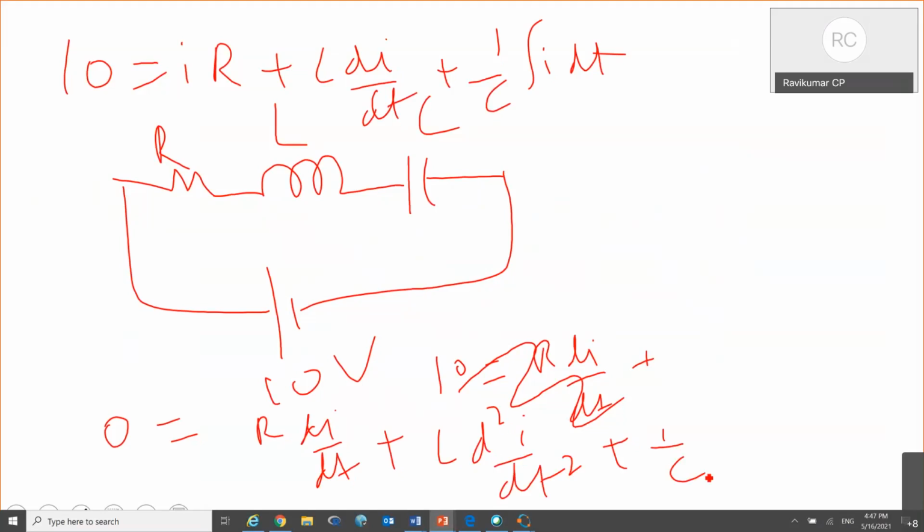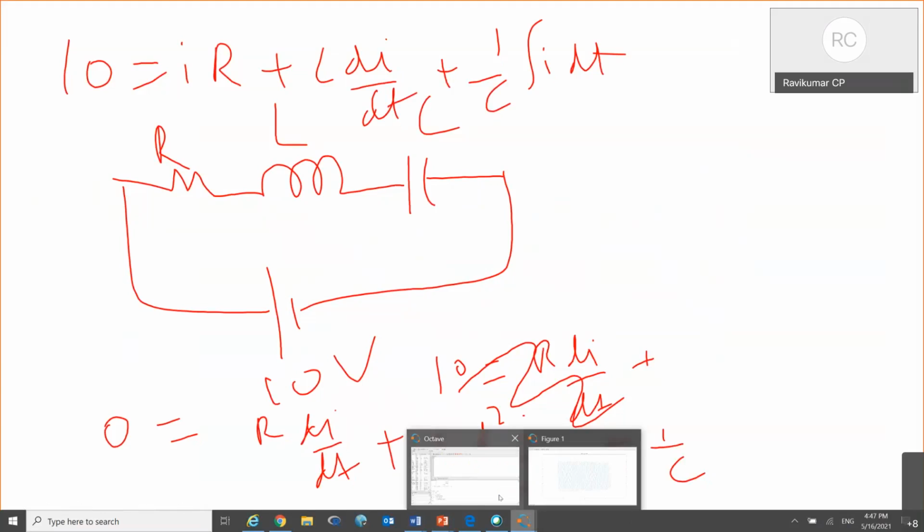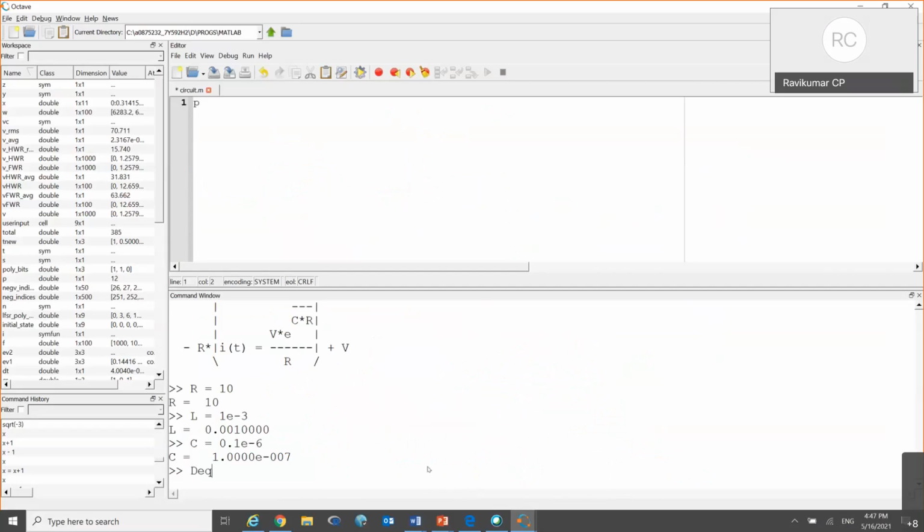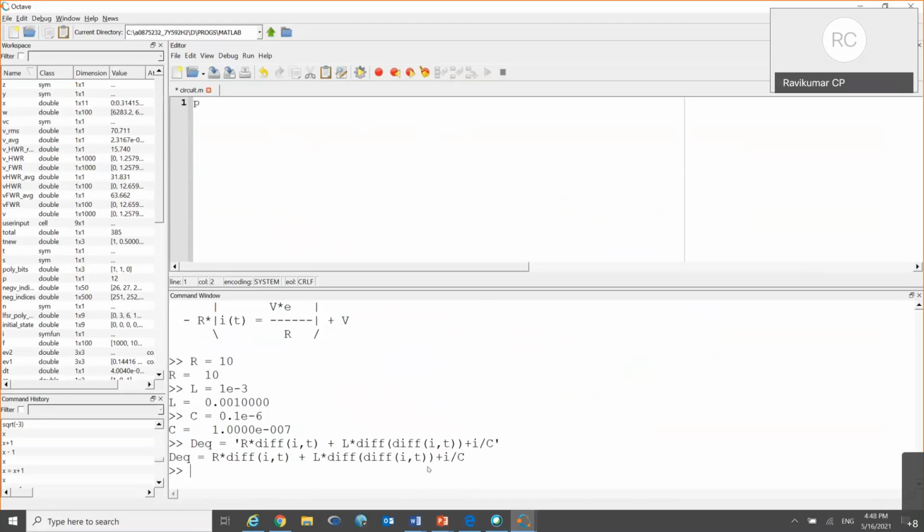So we can capture this with R, L, and C. Then I can try to solve the equation.